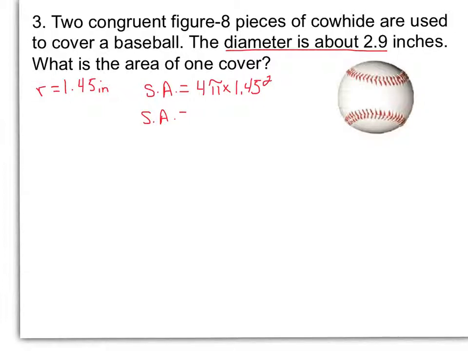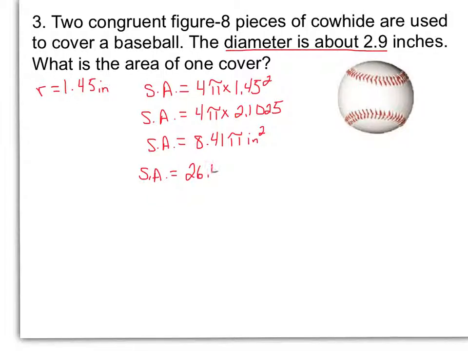So our surface area equals 4 pi times 2.1025, which is 8.41 pi inches squared, and rounding that to nearest tenth, it's about 26.4 inches squared. So that's the surface area of the baseball.